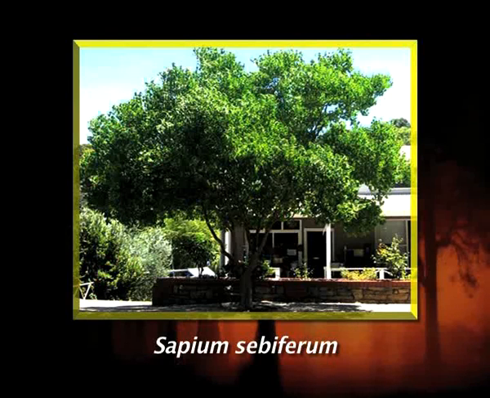Sapium sebiferum is another source. This Chinese tallow tree holds promise as a highly useful species for short rotation, intensive silviculture. It's a fast-growing, insect and disease-resistant tree and tolerates a wide range of soil conditions, including poorly drained and saline soils. Prolific sprouting occurs from stumps and injured roots.